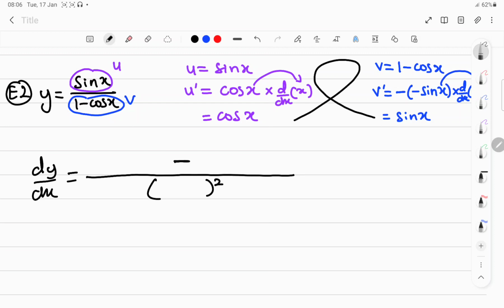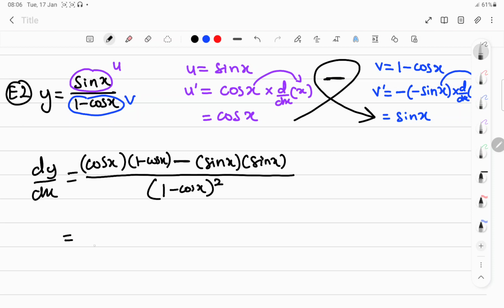We do this, and then we minus them. u prime with v: u prime is cosine x, v is 1 minus cosine x. And then minus sine x, u v prime, sine x. And then down here is v squared, 1 minus cosine x.